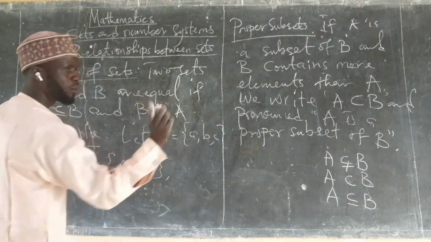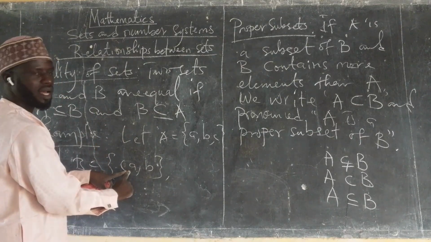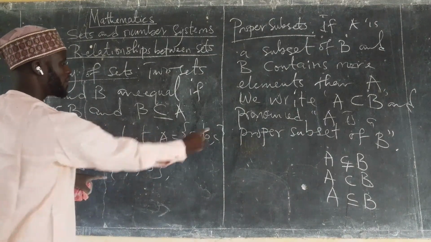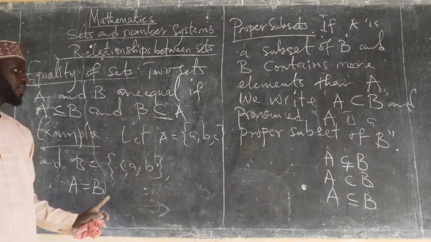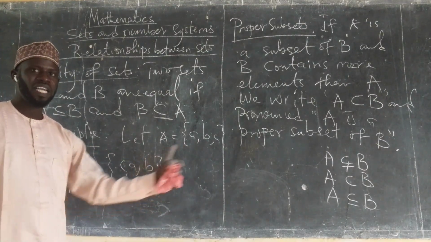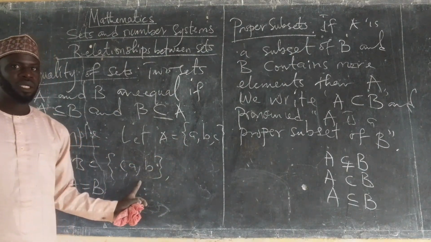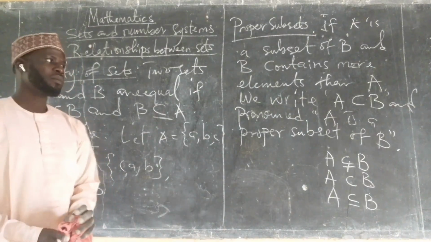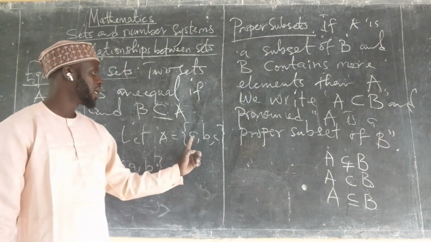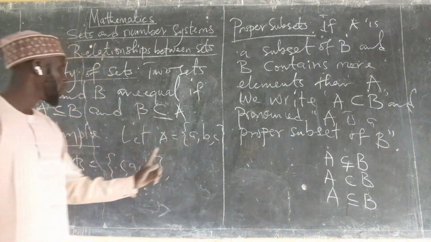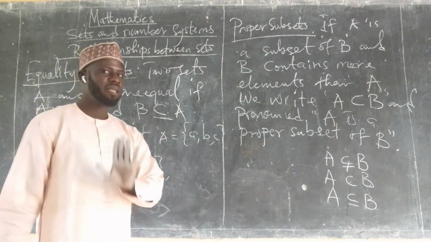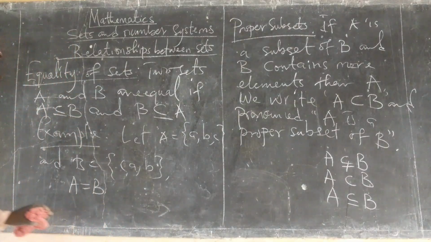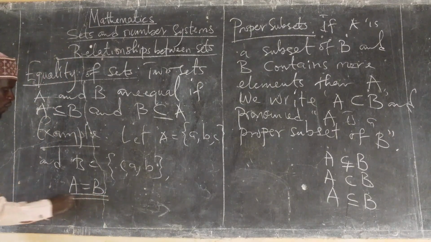A contains no more elements than B, and B contains no more elements than A, so we write A is equal to B. The two sets are equal, regardless of the arrangement of the elements in either A or B. We have to note that if I write A as a, b, c, I can also write it as c, a, b. The order of the elements is immaterial here. So we write A is equal to B.